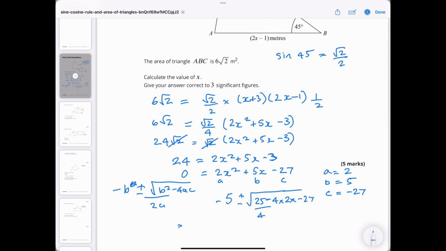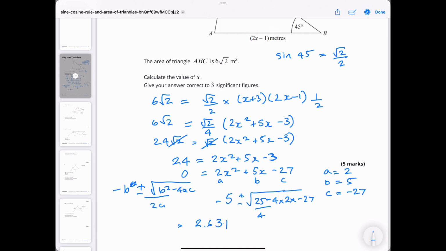So that gives us minus 5 plus the square root of 25 minus 4 times 2 times minus 27, all divided by 4, which equals 2.631.